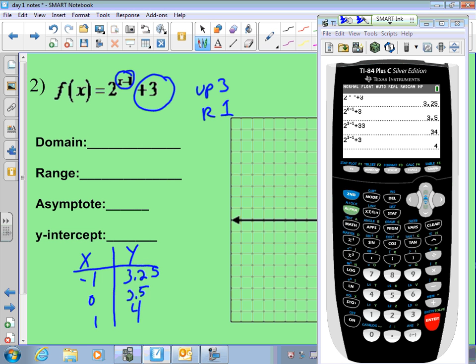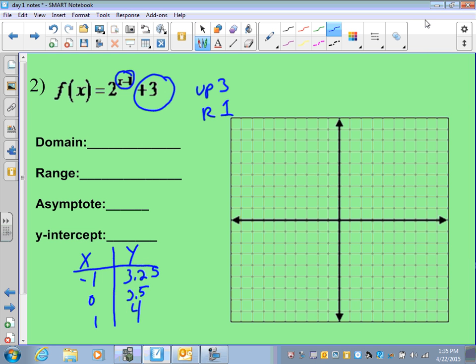So I'm going to plot these points to give me a guide. So (-1, 3 1/4), and (0, 3 1/2), and (1, 4).